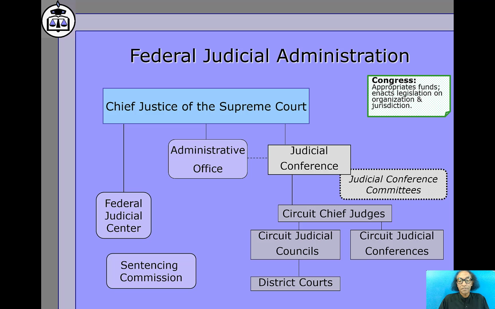And so through the Chief Justice, you see the circuit Chief Justices and the circuit judicial councils right down to the district court. But also on the left side, you see here the Federal Judicial Center, and by itself, the Sentencing Commission does not come under the Chief Justice. So this is more or less the structure of federal judicial administration.